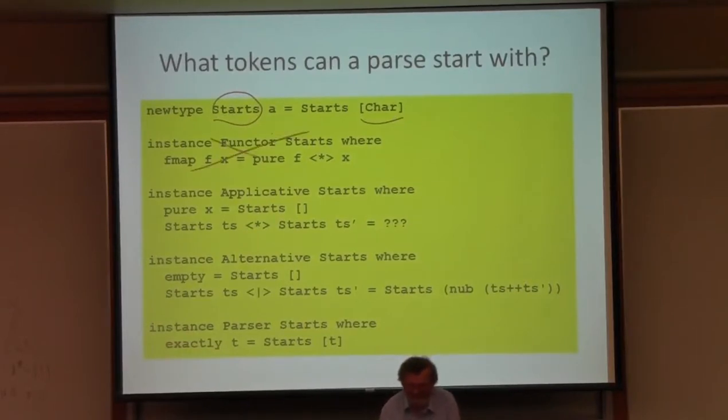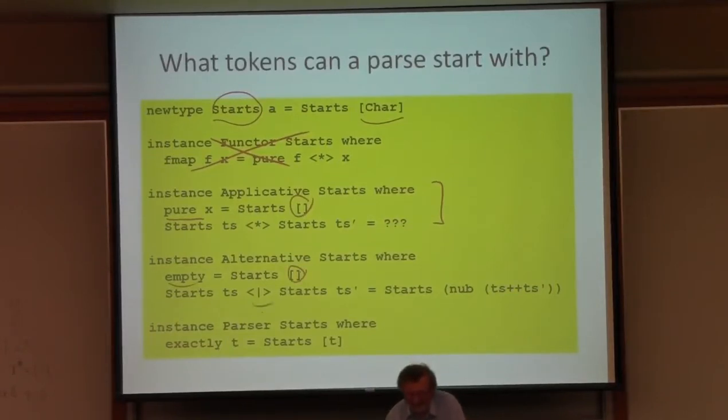Okay, have to write that, it's boring. How do I recognize which symbols a pure X can start with? Well, it doesn't accept anything at all, so an empty list of symbols. What about the empty parser? This accepts nothing at all. Clearly, its list of starting symbols is also empty.